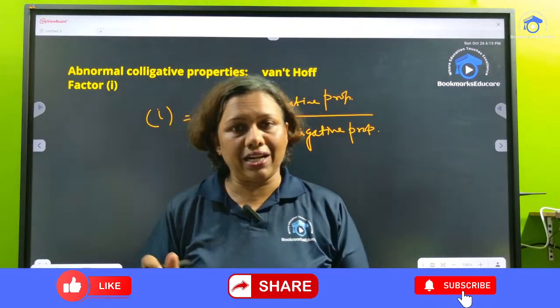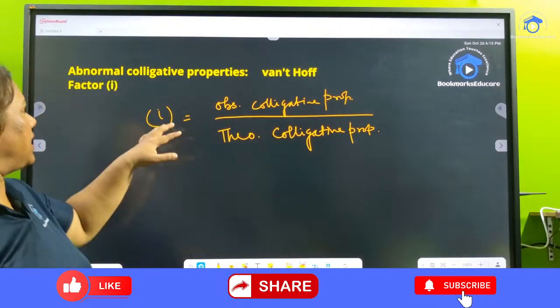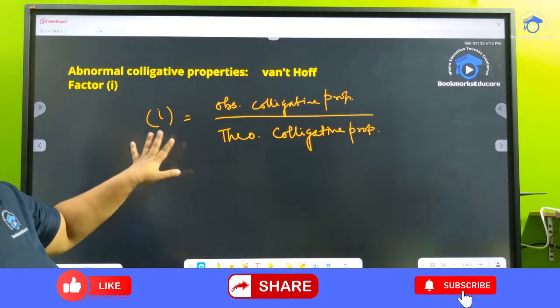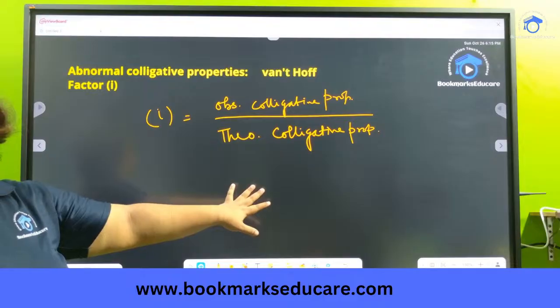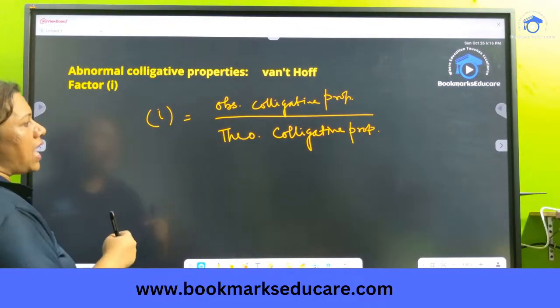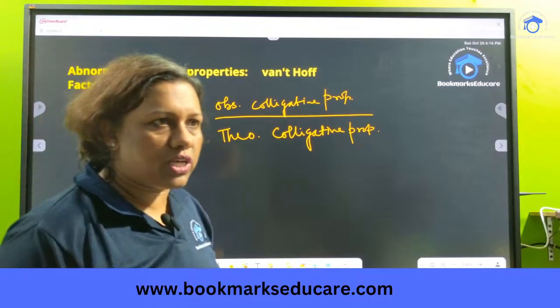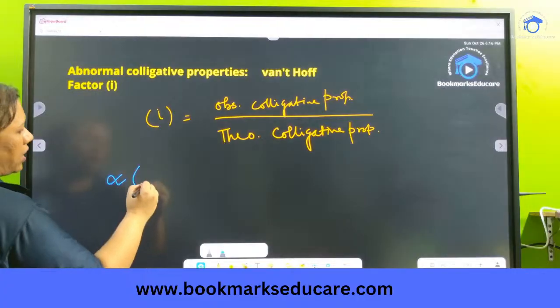Okay, so for that measurement, here is the abnormal colligative properties, and that is the Van 't Hoff factor i. This i is observed colligative property divided by theoretical colligative property. This is very important. Okay, and from this i we can calculate the degree of association and degree of dissociation. What is that? Alpha.